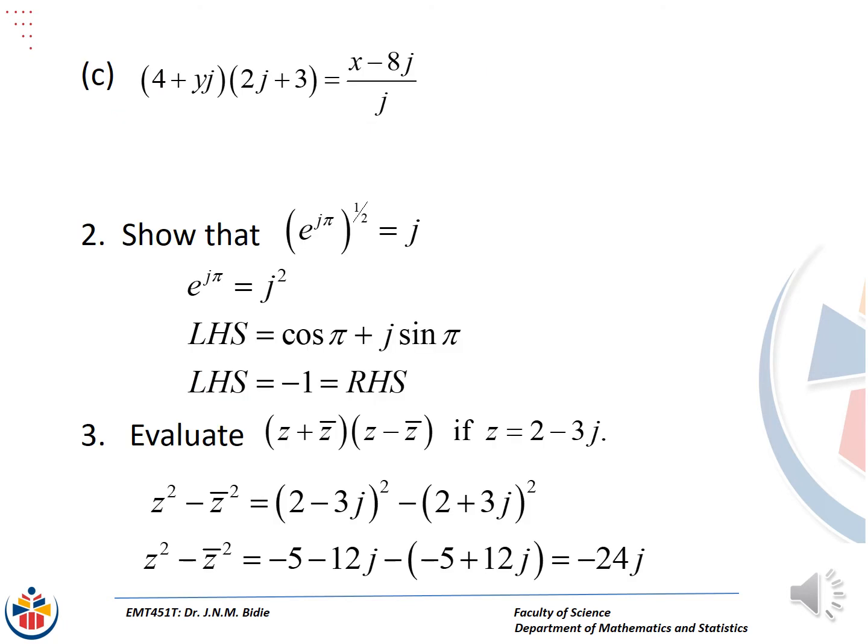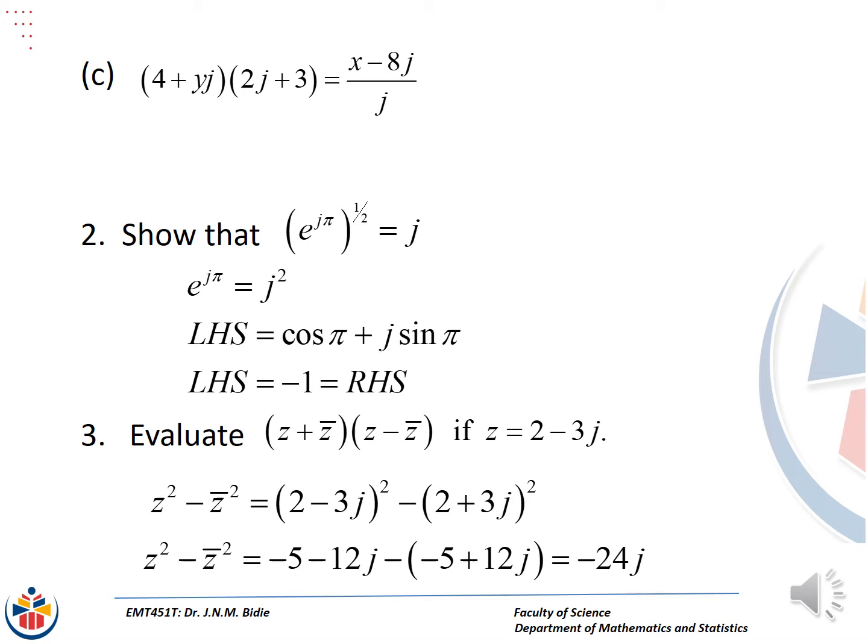C, I've not done it, so we note that first thing, what you could do, there are two ways, is to multiply by j over j on the right-hand side and simplify, or take j to the other side.